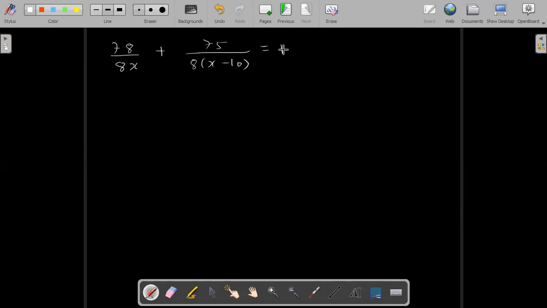Okay, are you getting? Here we have to add because both taps are used together. That's all. Now we can just solve it.